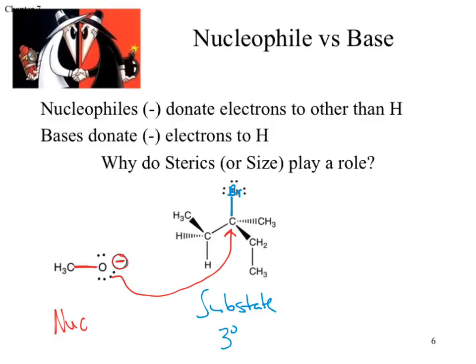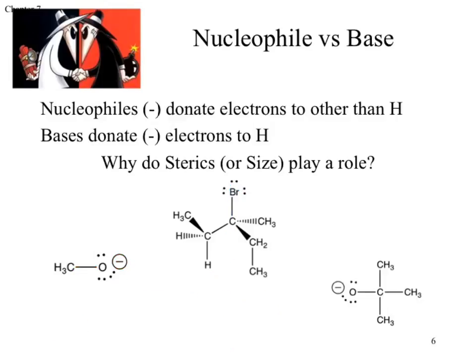What happens if I switch it up and now drop this guy in there? Okay, what's going on with that new guy? Can it act as a nucleophile? Yeah, negatively charged. Got the lone pairs. Why not? It can go in and do the attack.